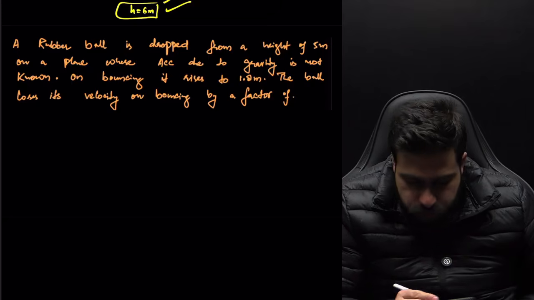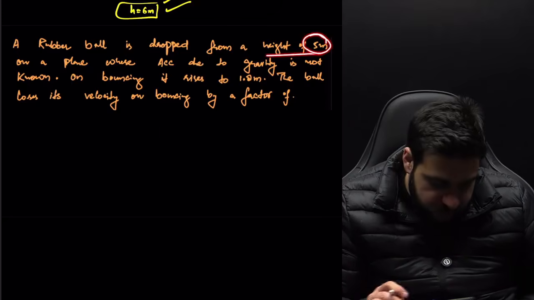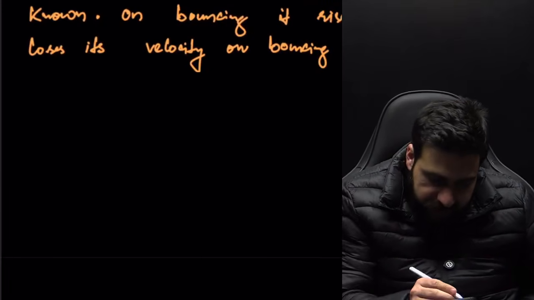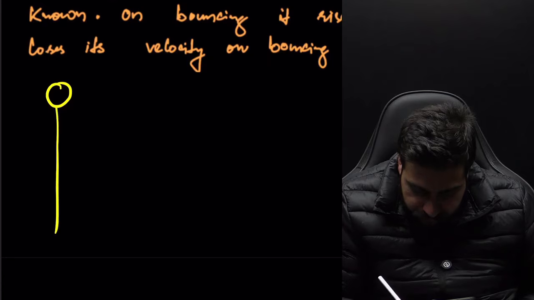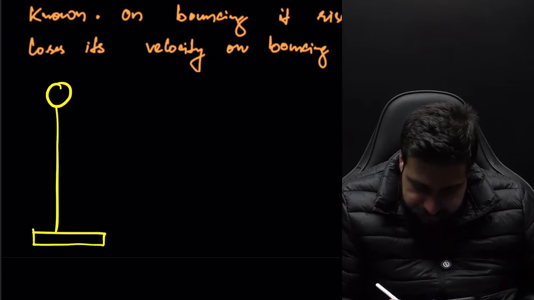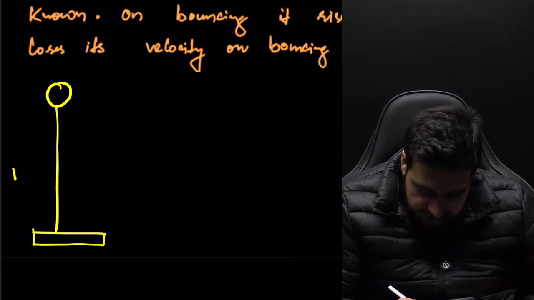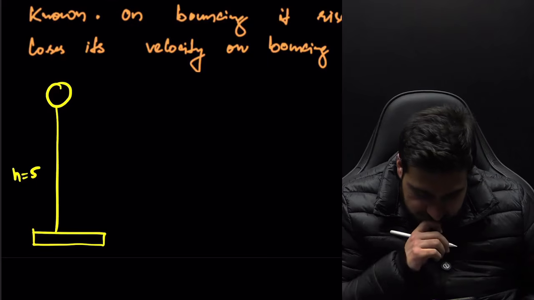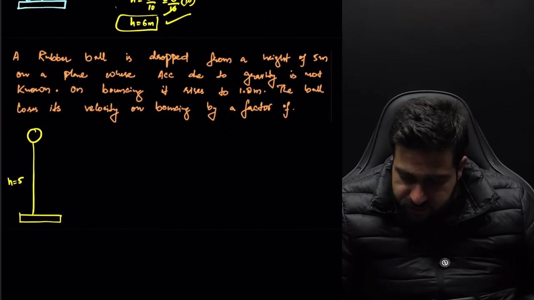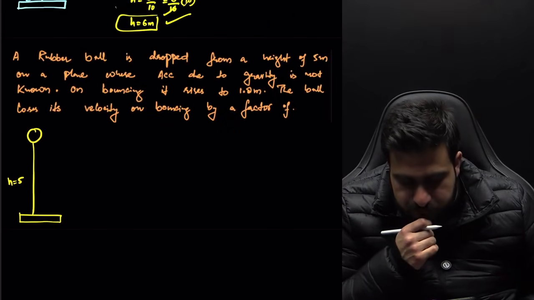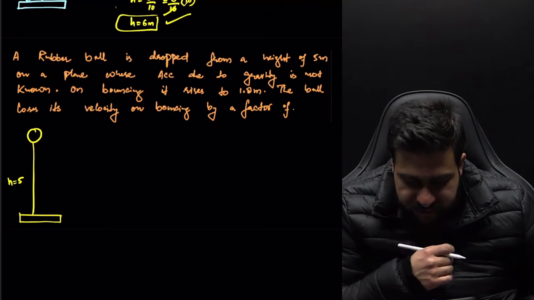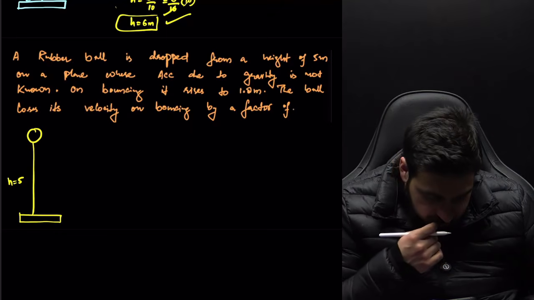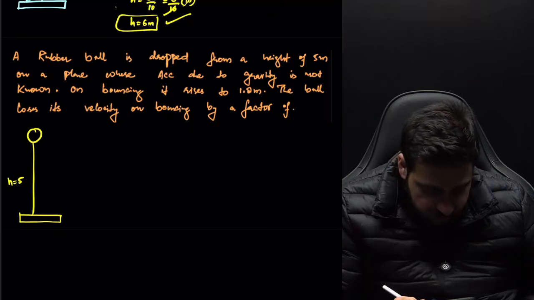A rubber ball is dropped from a height of 5 meters, so H is equal to 5. Then it says, on a planet where acceleration due to gravity is not known, so g is unknown.